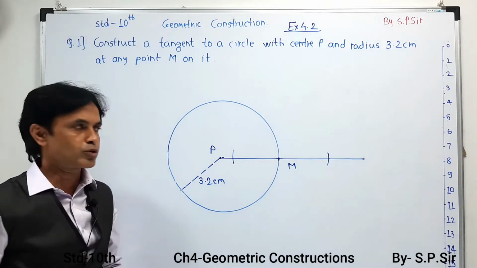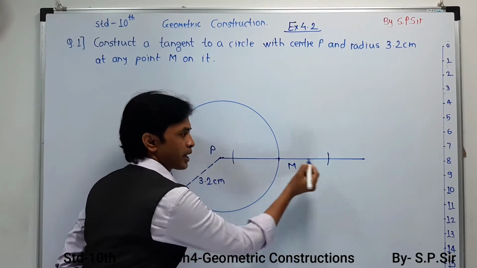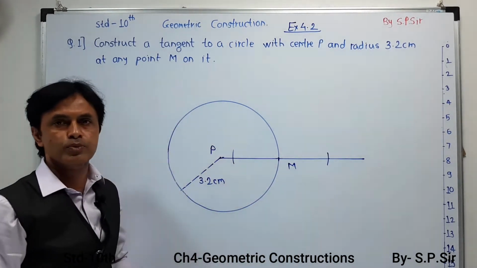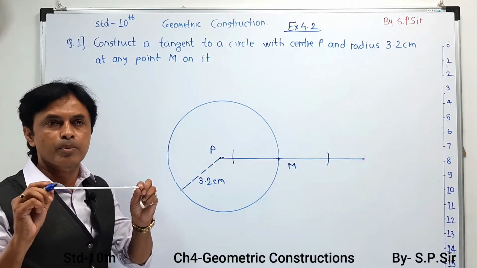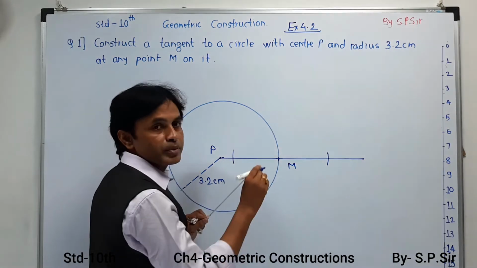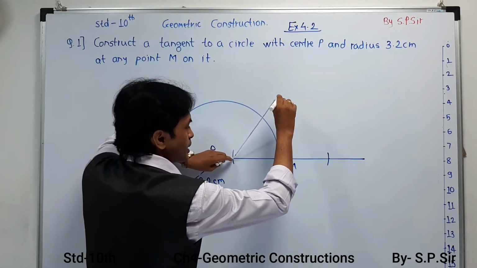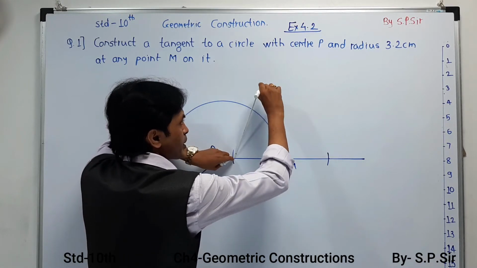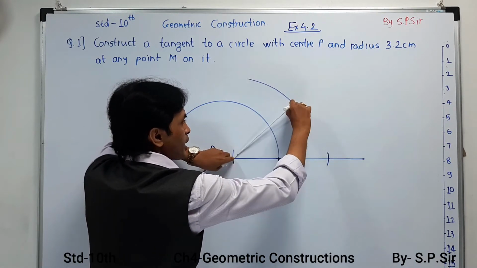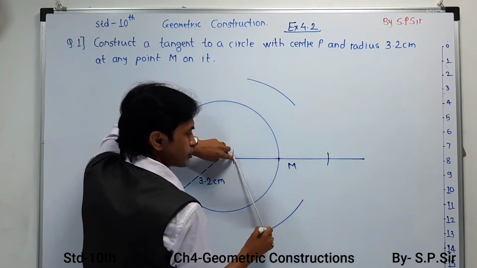I repeat, these 2 points which are formed by the arc and the line will act as reference points. You have to take a distance somehow larger so that your arc must be outside the circle. Here I have taken a tentative distance more than 3.2 centimeter, and from the reference point we make 1 mark upstairs and a second mark downstairs.